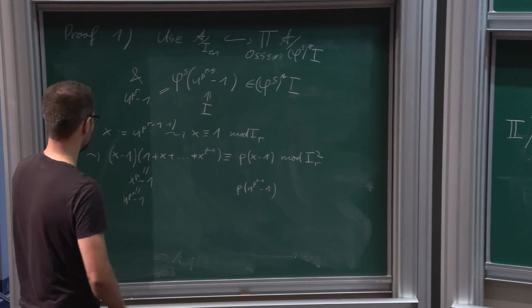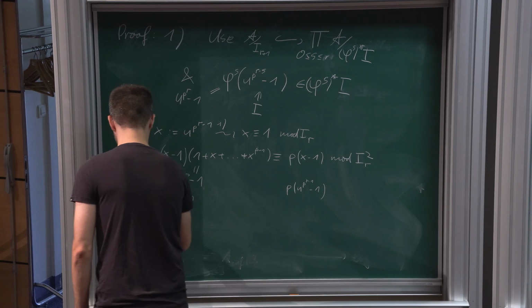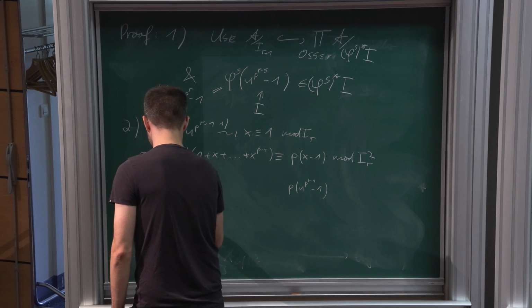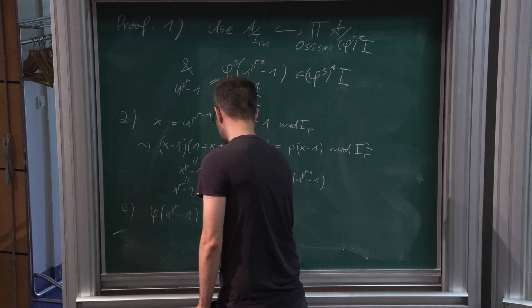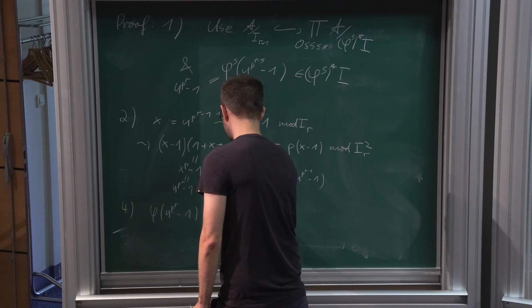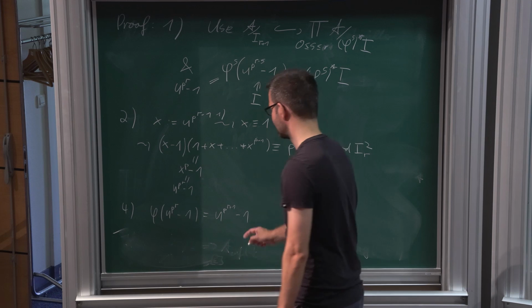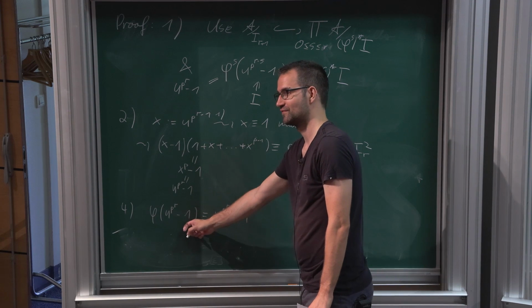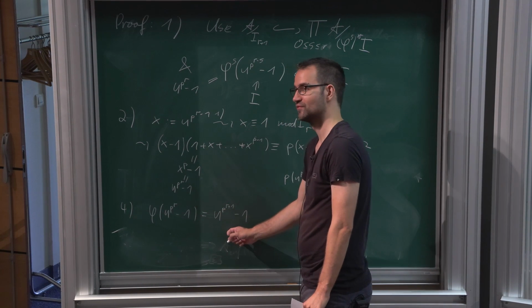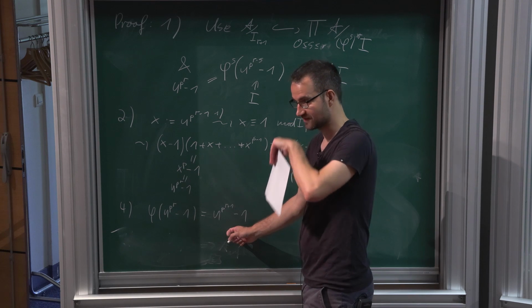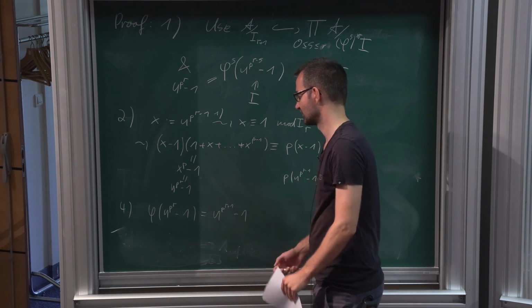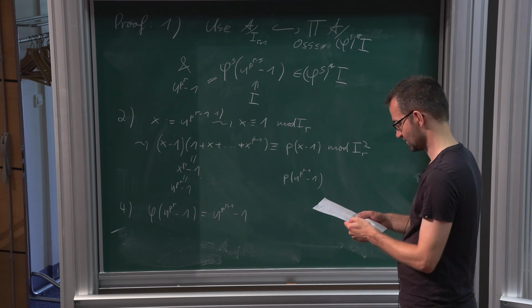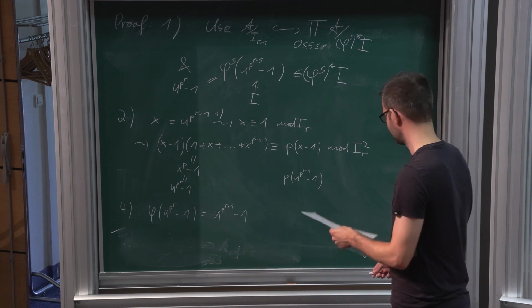When we see phi of u to the p to the r minus 1, by definition that's u to the p to the r plus 1 minus 1. But this is the component that we set in degree r, and that's the component of the prismatic logarithm that we set in degree r plus 1. And so therefore we get that the prismatic logarithm is fixed by phi.